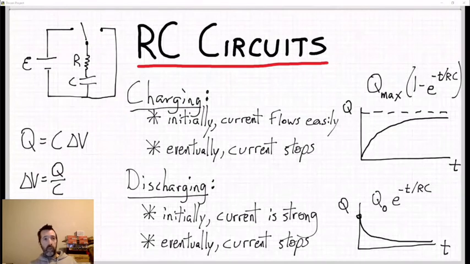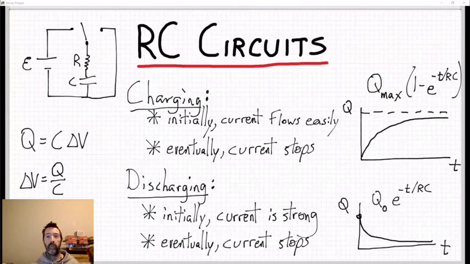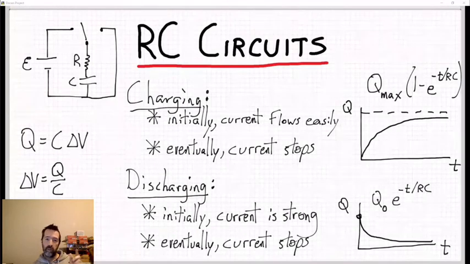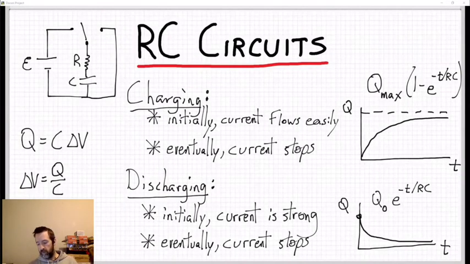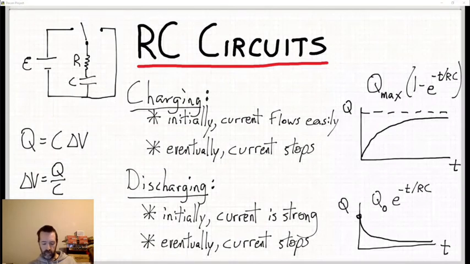If I'm interested in the potential difference on the resistor instead of the potential difference of the capacitor, that's actually going to still follow these exponential patterns, but the behaviors will be opposite. So if you think about the charging case, let's say that the EMF of the battery is 9 volts, just for the heck of it.